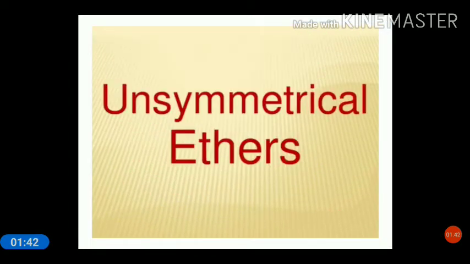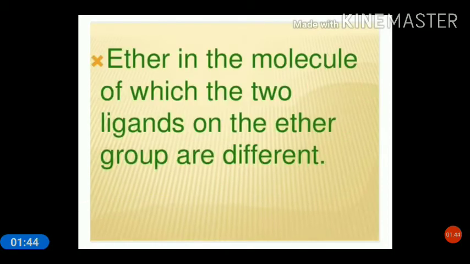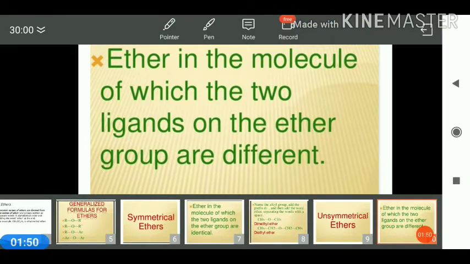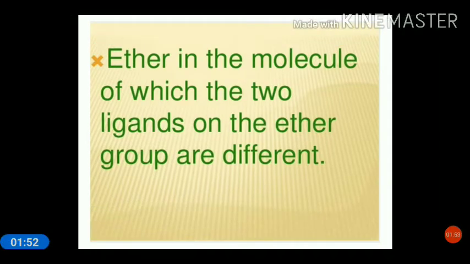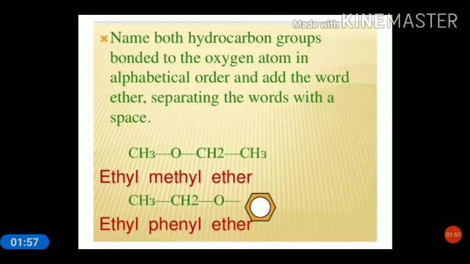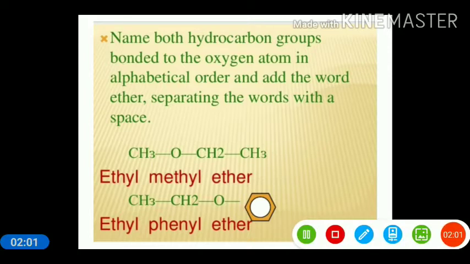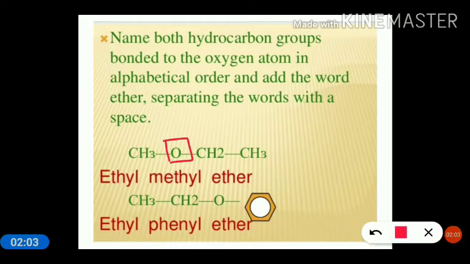Next are unsymmetrical ethers. These are ethers in which the two ligands on the ether group are different. For example, here you can see on one side of the oxygen 2 carbon, on this side 1 carbon.